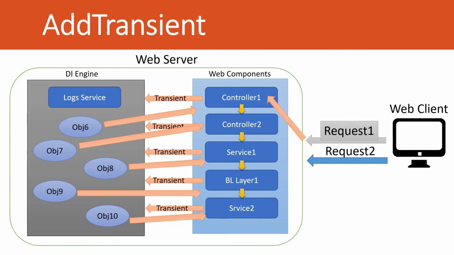So for the second request also we got new objects. Let's see the third request. The DI engine processes it and creates new objects, OBJ 11, 12, 13, 14, 15. This time also the DI engine created all new objects and returned them. Like this, if you use add transient, it will create a new object for every DI request.